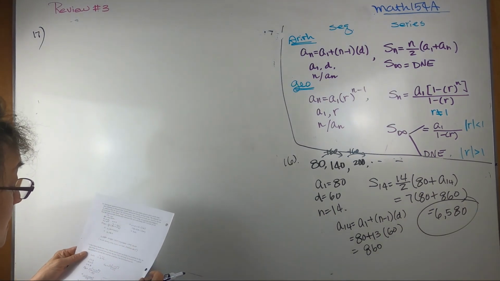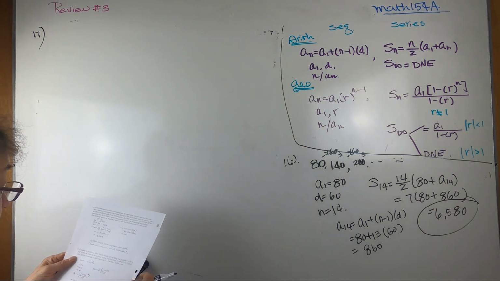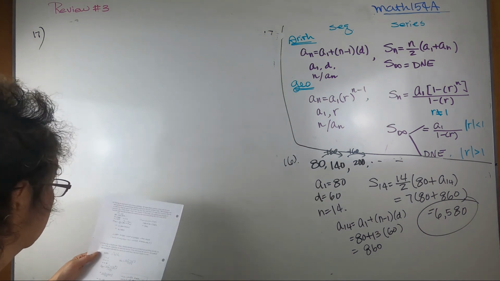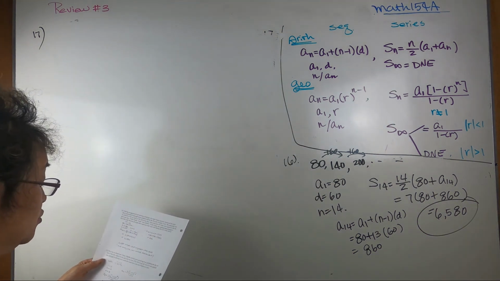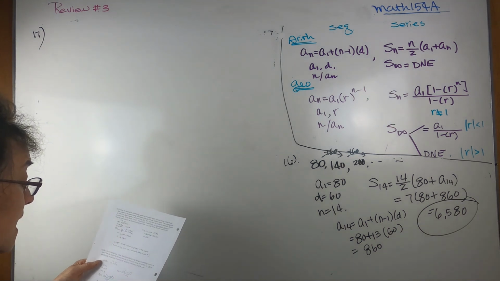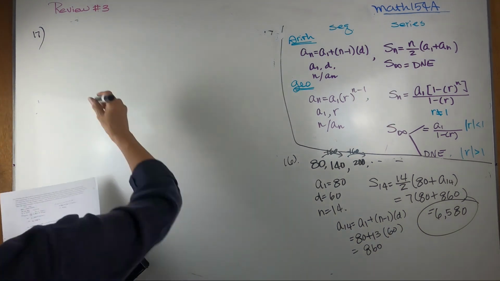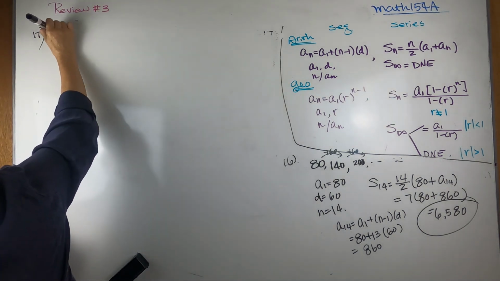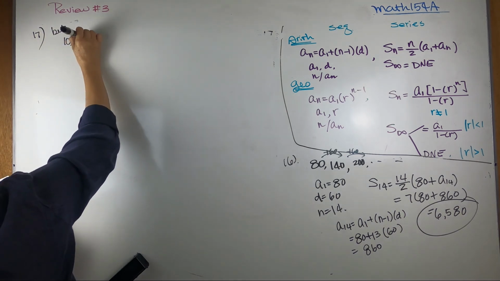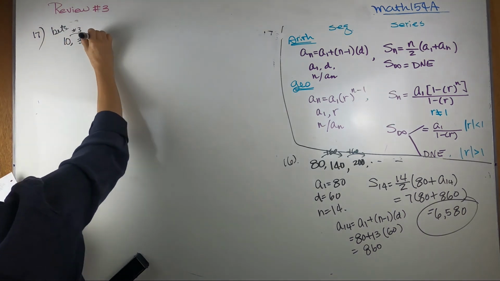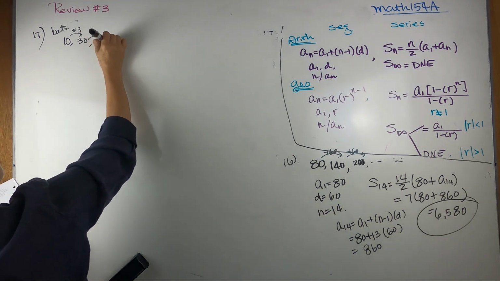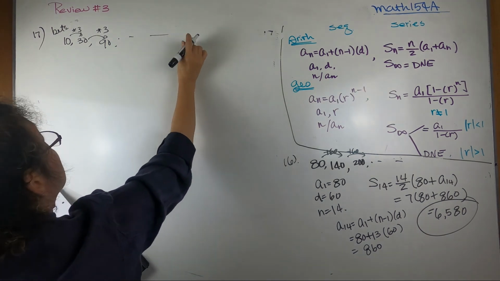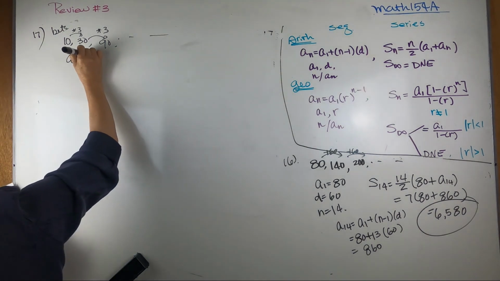If her first losing bet was $10, then use the partial sum formula, means finite sum, to calculate how much she would lose if she lost 8 hands in a row. So 10, the next time she bet what? Her next bet would be $30, times 3, right? Times 3. Next time what? $90, times 3. How many total? 8 times, right? So we have A1 is 10.